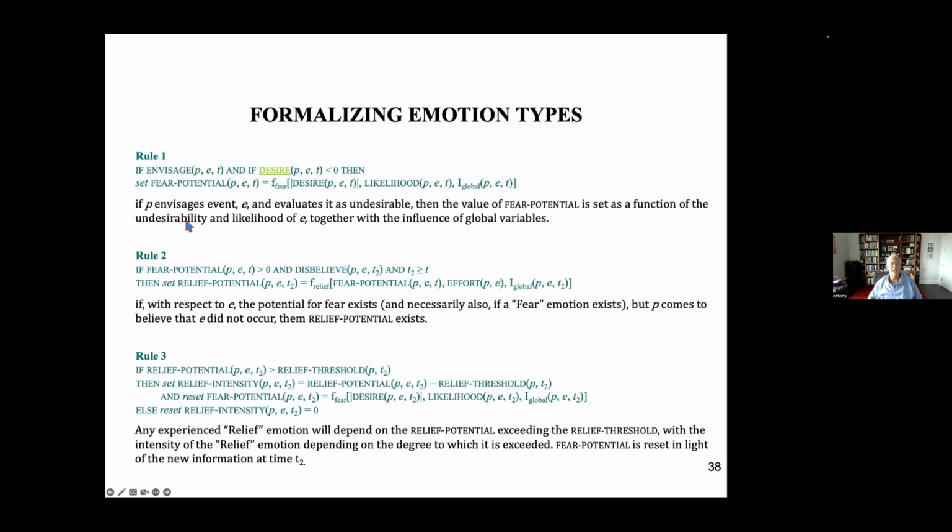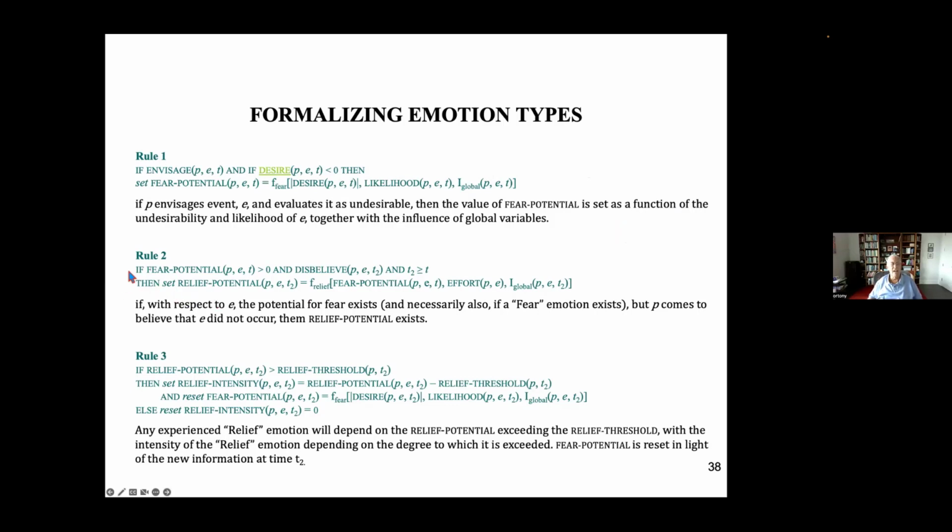So we just read this as if P envisages event E and evaluates it as undesirable at time T, then the value of fear potential is set as a function of the undesirability and likelihood together that we influence of global variables. Now, I'd be the first to concede how you actually quantify these, I don't know, but that doesn't mean that it's not in principle representable.